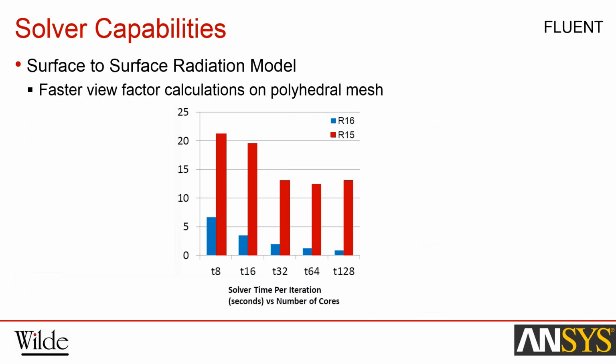For thermal radiation in Fluent, the surface-to-surface radiation model is much quicker. In R15 and previous releases, when you set up surface-to-surface radiation, the view factor calculation, especially if you had a lot of surfaces, say an internal electronics box, where a lot of things are shielded from others, and a lot of surfaces need to talk to each other, would take a long time to solve.